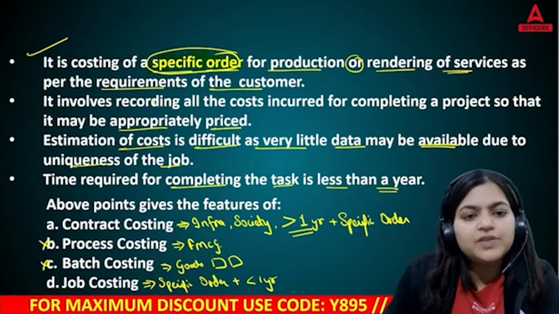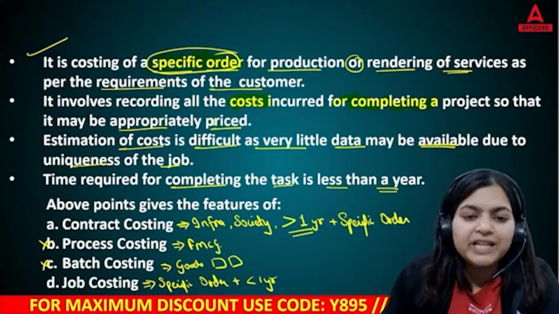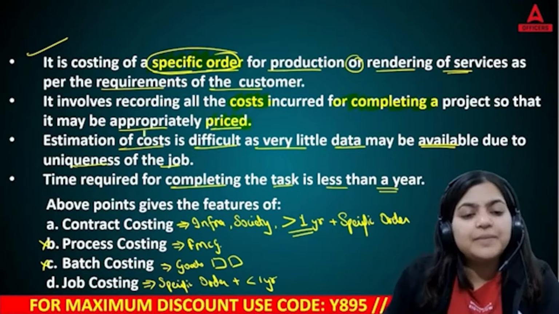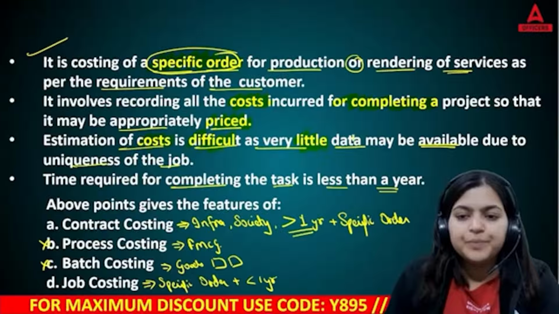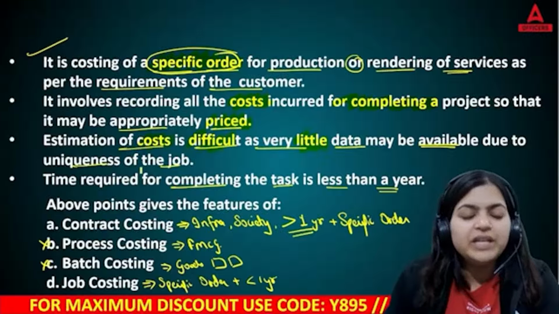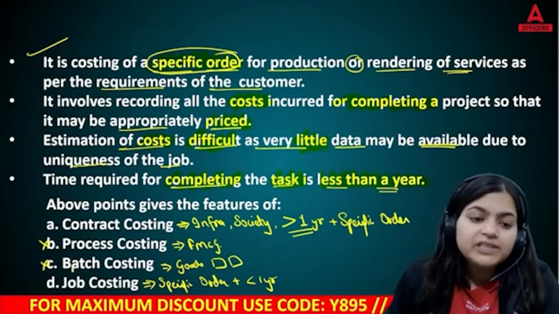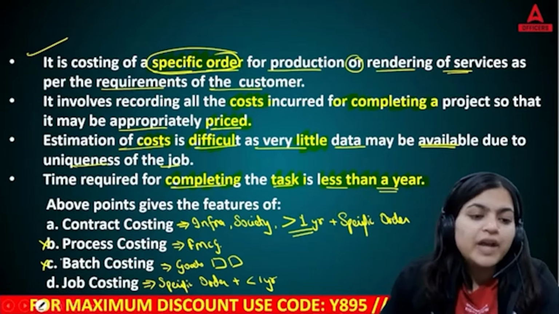Now it involves recording all the costs incurred for completing a project so that it may be appropriately priced. Now this also happens mostly in both the cases. Estimation of cost is difficult as very little data is available due to uniqueness of the job. And the time required for completing the task is less than a year. This last point is going to help you decide which is the right answer.